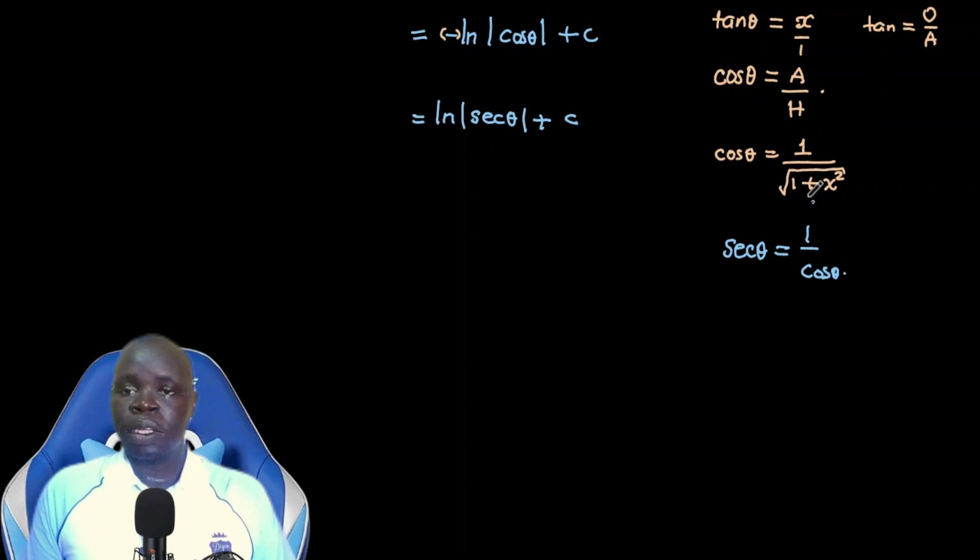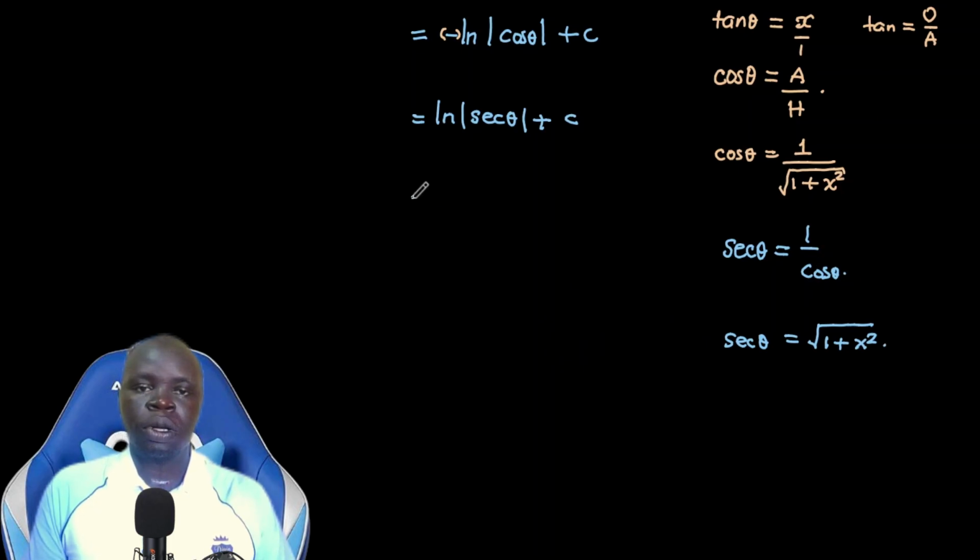So for that case, we get an inverse of this, and we get our secant as only the square root of 1 plus x square. Of course over 1, but anything over 1 is itself.